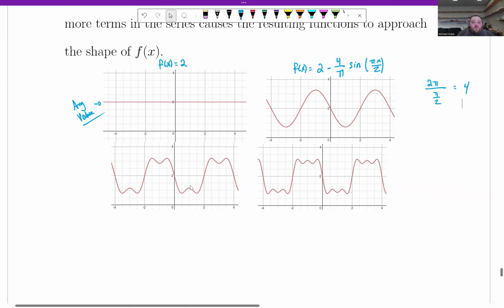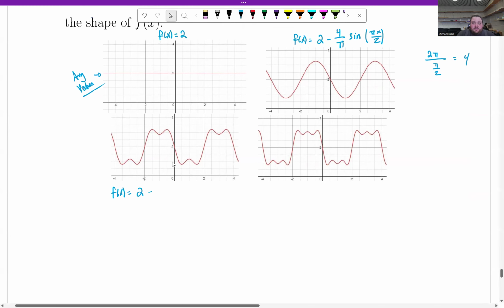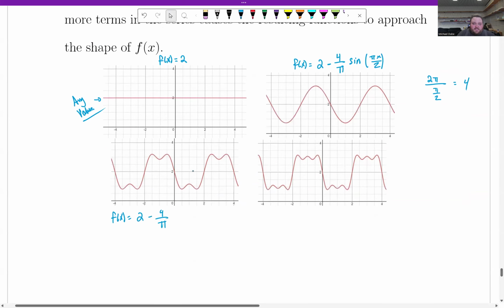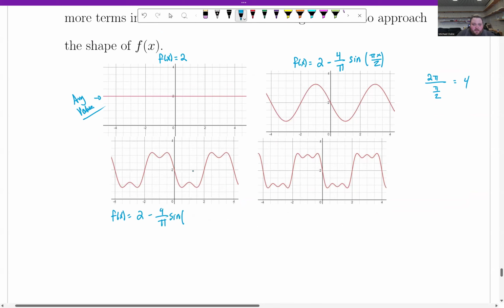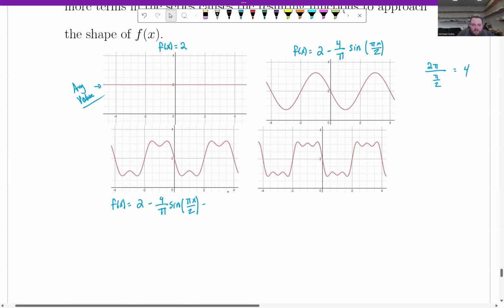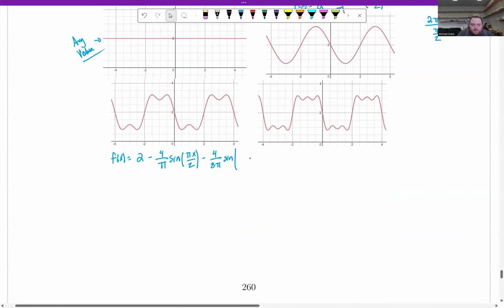Good. Now let's add one more term. So f of x is equal to 2 minus 4 over pi sine of pi x by 2 minus 4 over 3 pi sine of 3 pi x by 2.